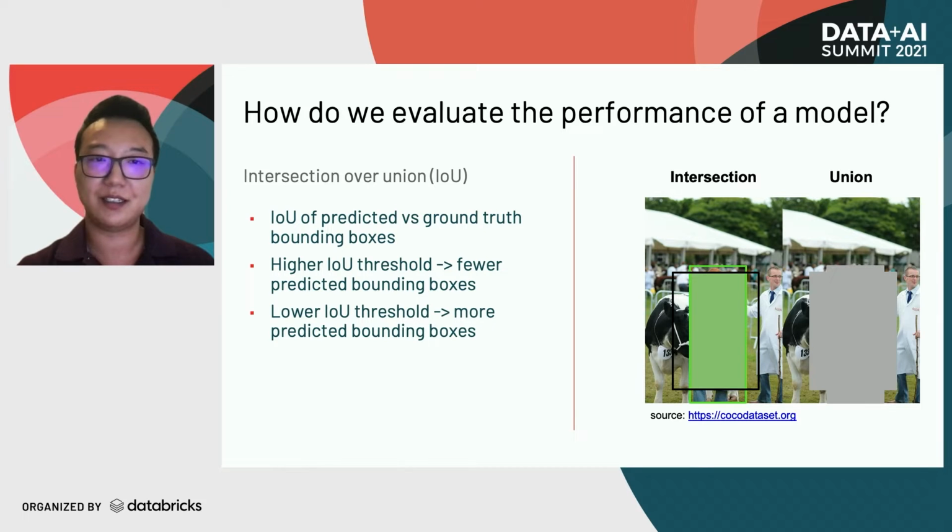And with this notion of IOU, we can start setting thresholds to determine which predicted boxes we should actually consider as having an object in them. So you can imagine we set a higher IOU threshold, then we'll get fewer predicted bounding boxes. Whereas if we set a lower IOU threshold, we'll get more predicted bounding boxes, but some of them might contain noise or just bad predictions.